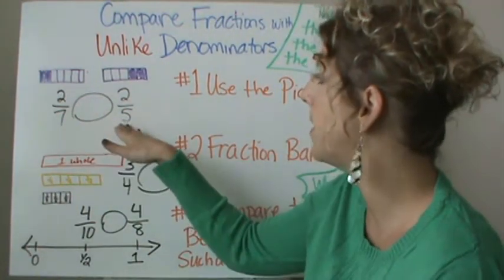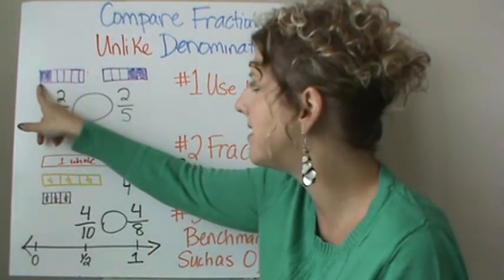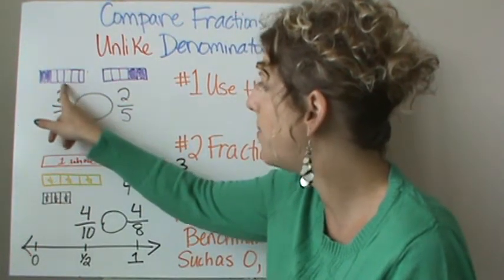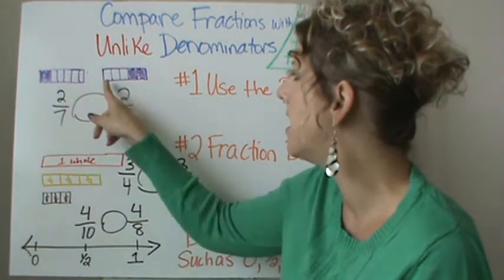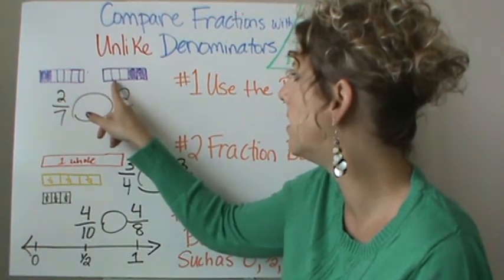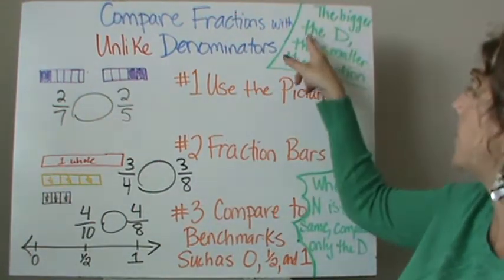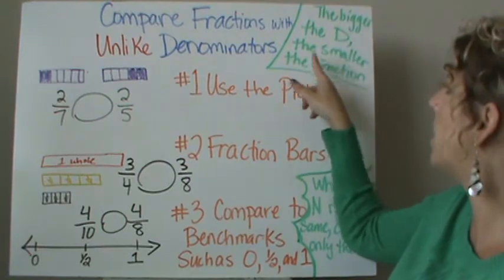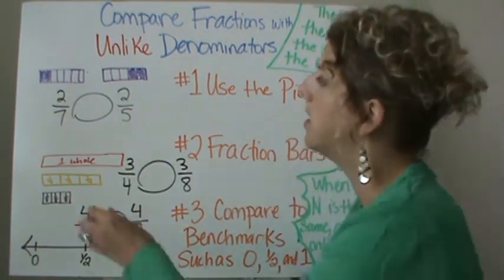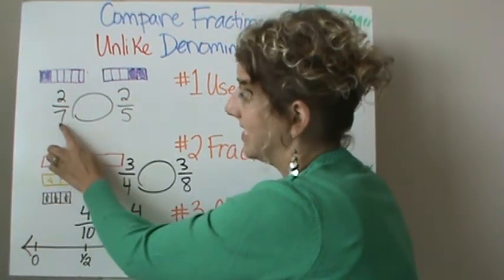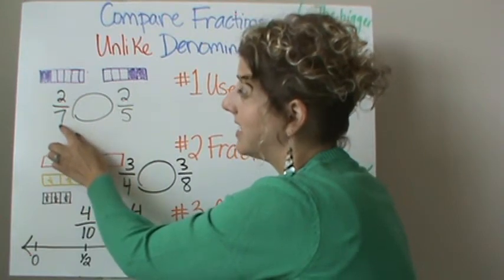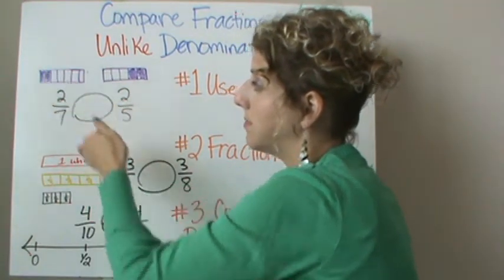So if you use your picture, you'll notice that sevenths are a little bit smaller pieces than the fifths. So the bigger the denominator, the smaller the fraction. So the bigger number, sevenths, it means it has to break up into smaller pieces.